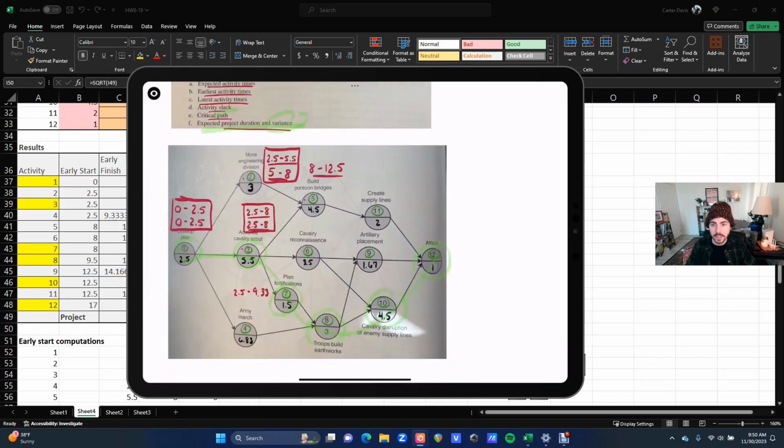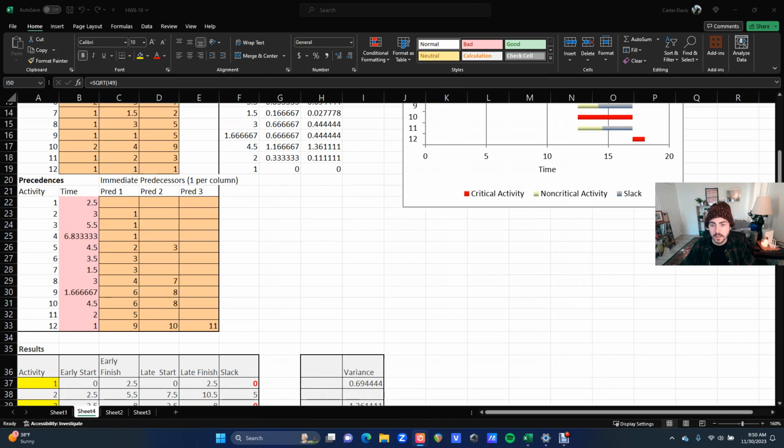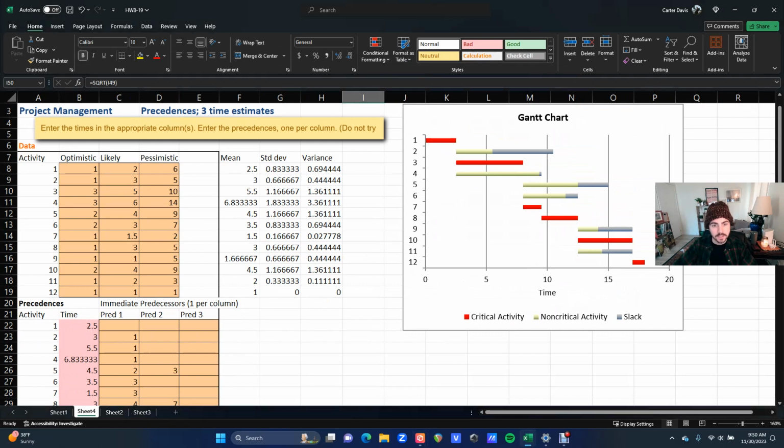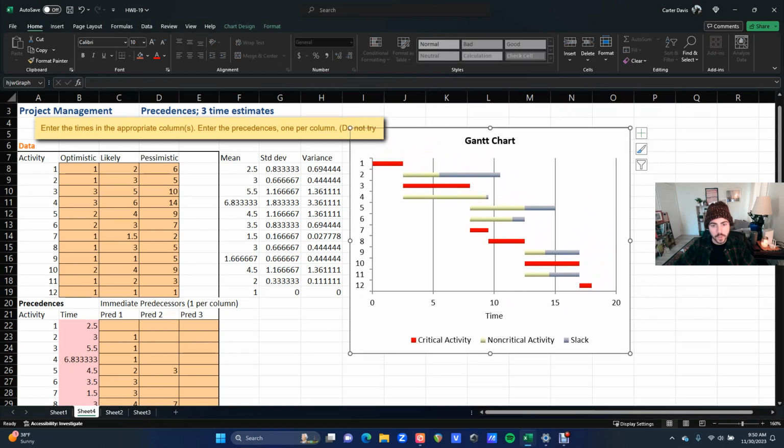Actually, you know what? Let's just look at this thing now. So again, we said that activities 1, 3, 7, 8, 10, and 12 were critical, which is shown in the red critical activity color here. Now, the other activities obviously were non-critical, which meant they had slack time.